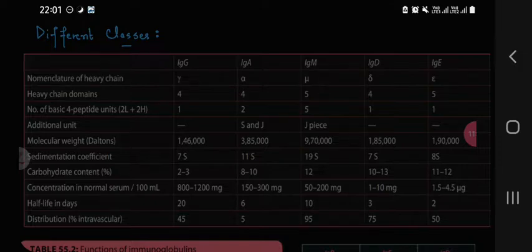Concentration in normal serum per 100 ml: 800 to 1200 milligrams, 150 to 300 milligrams, 50 to 200 milligrams, 1 to 10 milligrams, 1.5 to 4.5 micrograms. Half-life in days: 26, 10, 3, 2. Distribution intravascular: 45%, 5%, 95%, 75%, 50%.